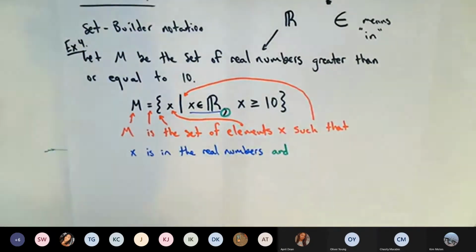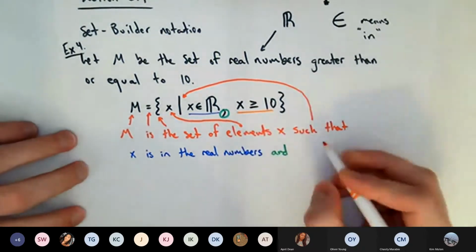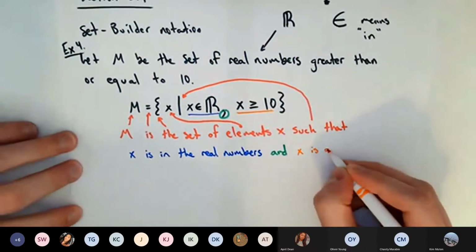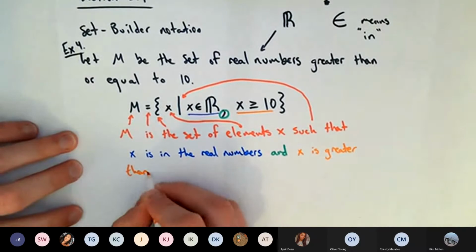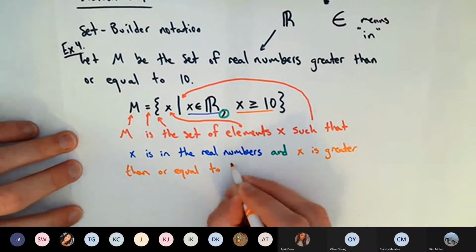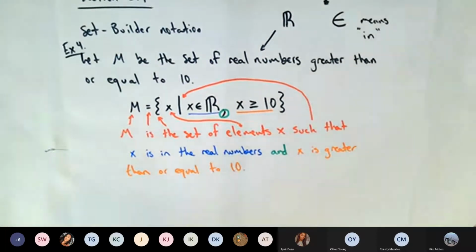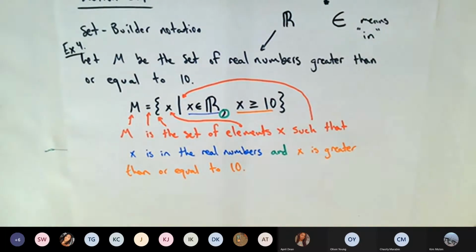And now I know you don't have all these colors for your notes, so maybe you can find a better way to write this down. And X is greater than or equal to 10. Okay, so that's the set builder notation completely broken down there.